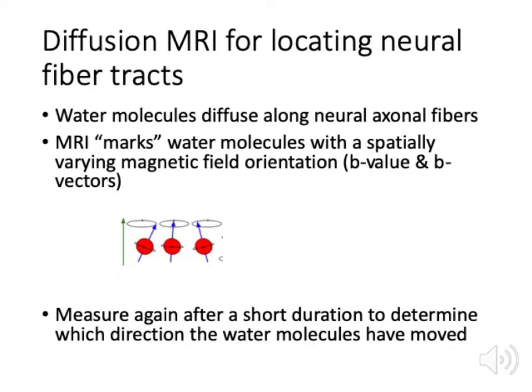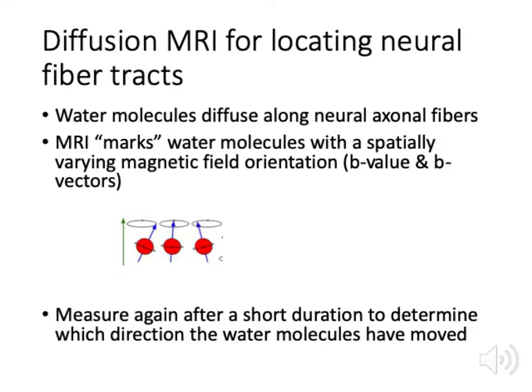Let us begin by taking a brief review into the principles of how MRI imaging can detect the structure of neurofiber tracts. We will use a special imaging sequence known as diffusion MRI.